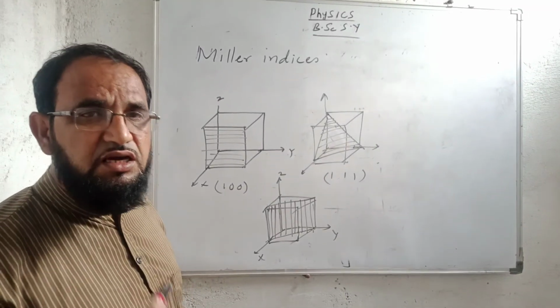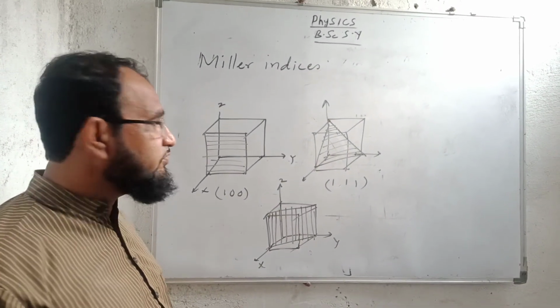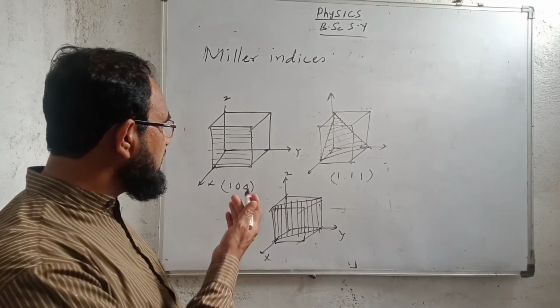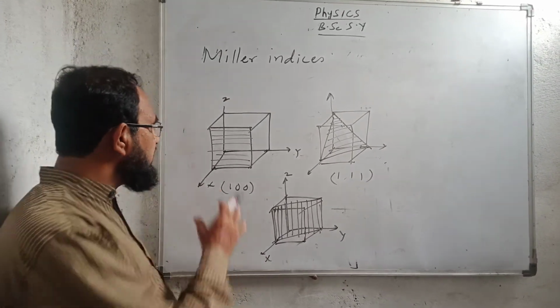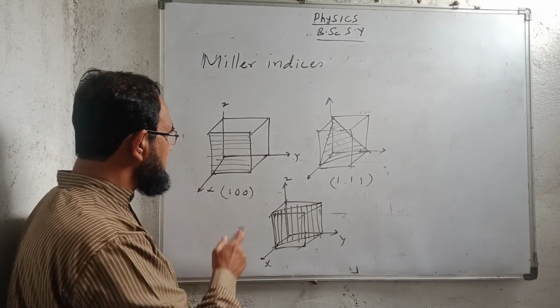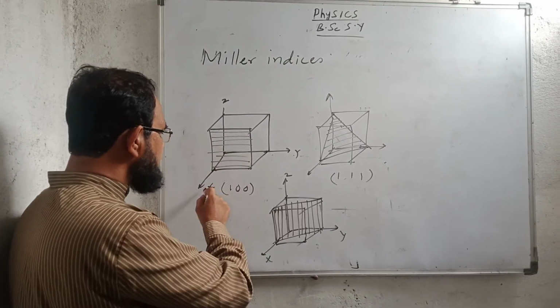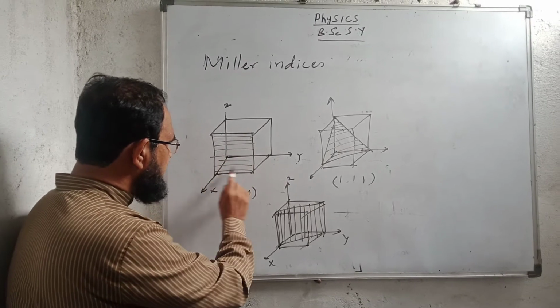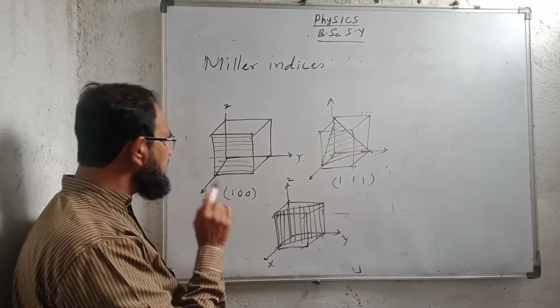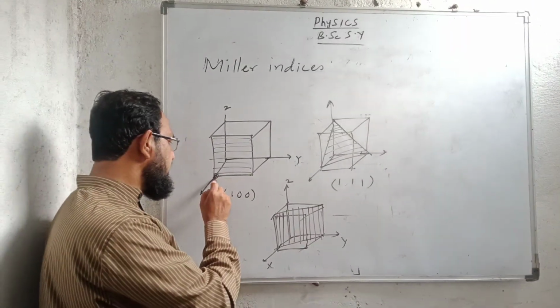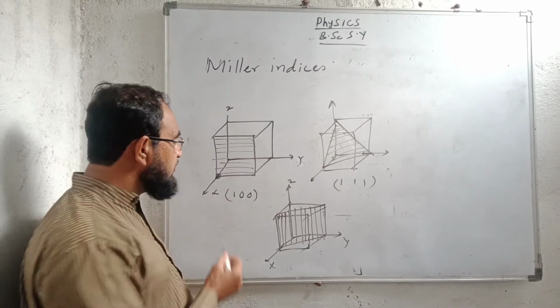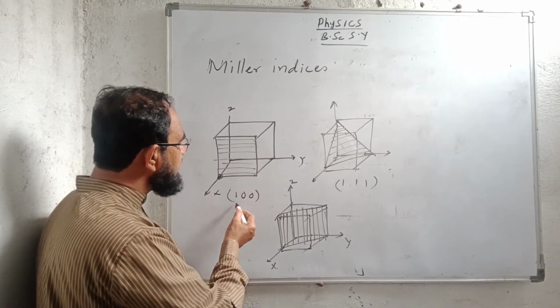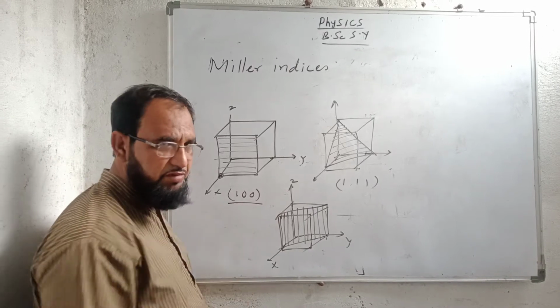Now we can see the different families of planes belonging to a cubic lattice. For example, consider this cubic lattice, with the x-axis, y-axis and z-axis. I am considering this plane. It has only one intercept, along the x-axis at 1a, so the Miller indices will be 1, 0, 0. It is one family.